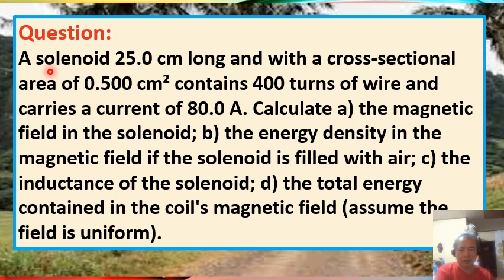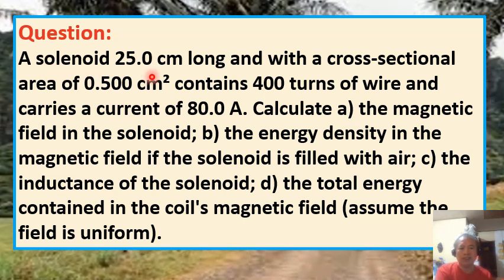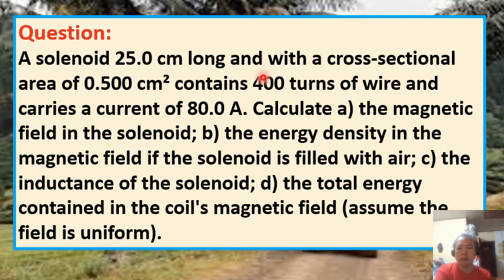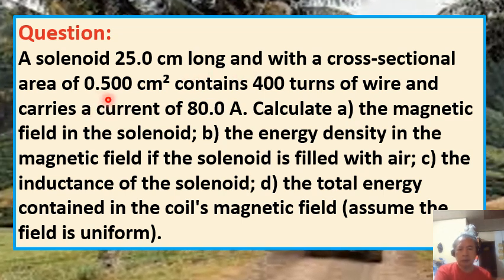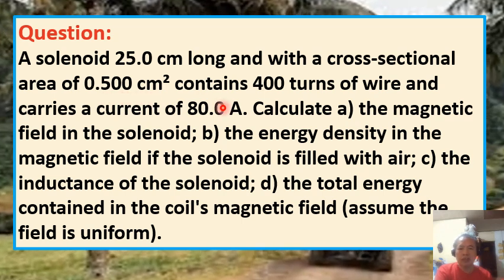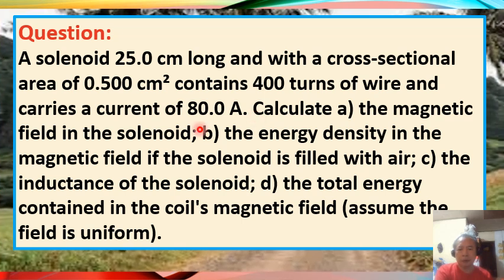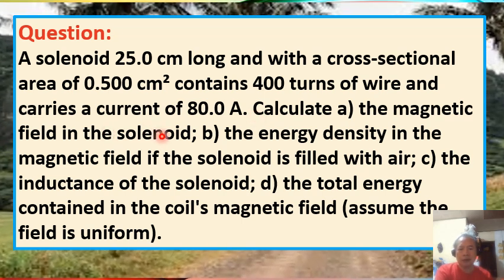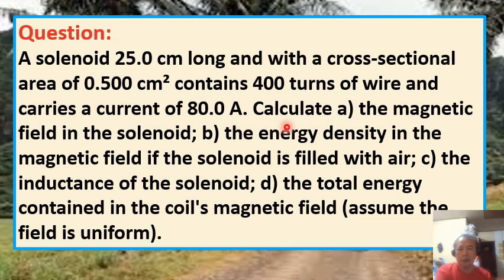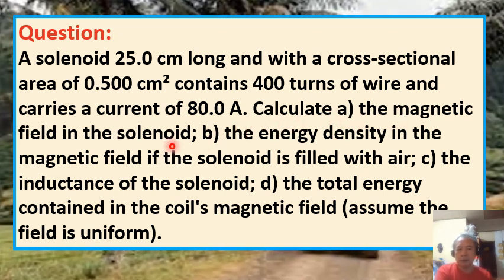The question is, a solenoid 25.0 centimeters long and with a cross-sectional area of 0.500 centimeters squared contains 400 turns of wire and carries a current of 80.0 amperes. Calculate letter A, the magnetic field of the solenoid.